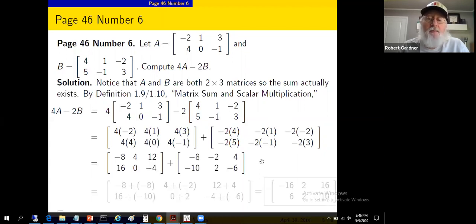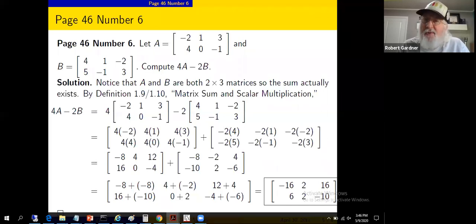Do the arithmetic. So we've processed the scalar multiplication with the scalar 4 and the scalar -2. At this stage, those matrices are the same size, so they can be added together, entry-wise, a better term in the matrix setting to distinguish it from the vector setting. Do the arithmetic and it simplifies down to this.